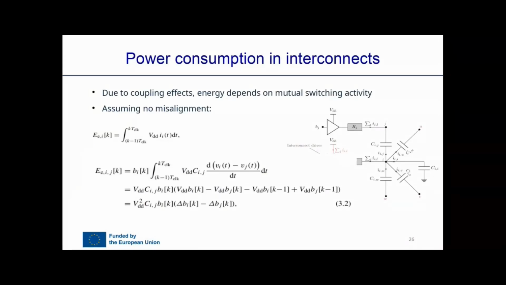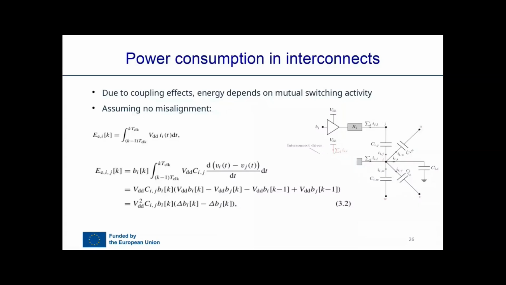For that, fundamentally, we can try to analyze how we can model the energy consumption in an interconnect. This is a classical result in 2D. If you have two lines, then the switching activity of one line versus the other produces an energy consumption. The energy consumption is fundamentally the integral of the voltage, which is a constant, times the current, which has a very strange shape depending on the nonlinearity of your CMOS technology.